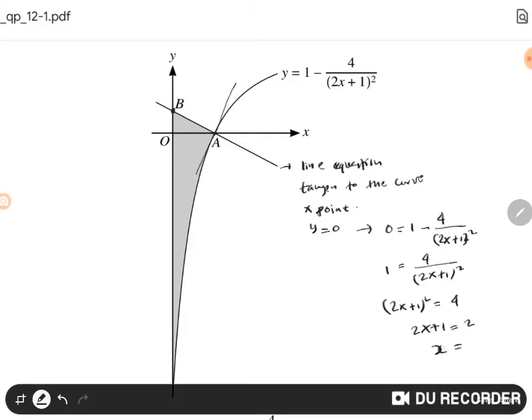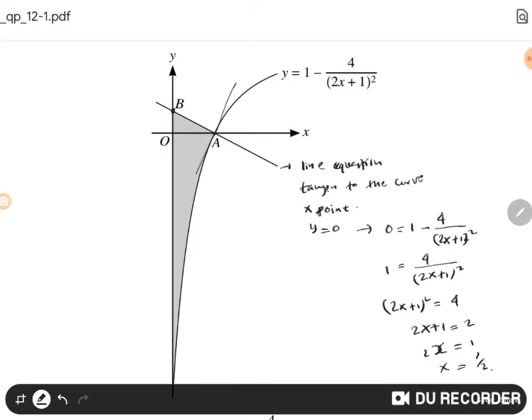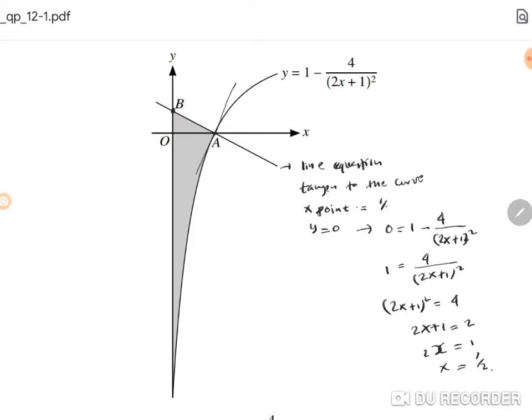Then 2x equals 2 minus 1, which is 1, so x equals 1 over 2. We already got the x point, which is 1 over 2.